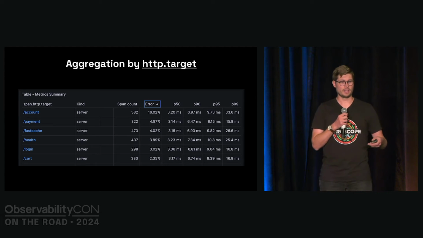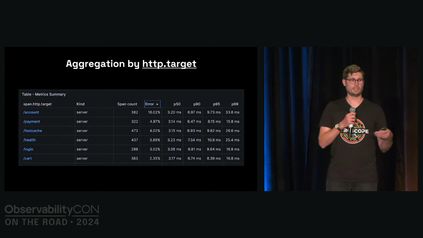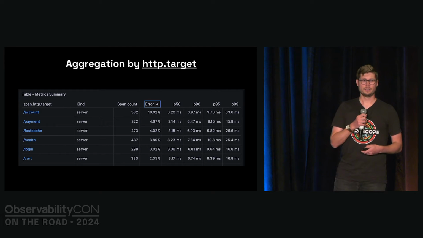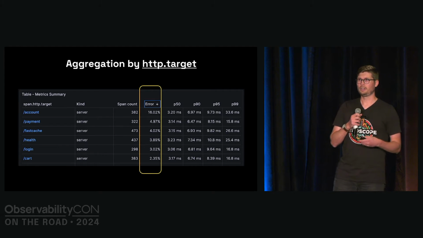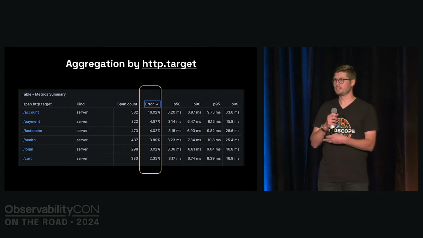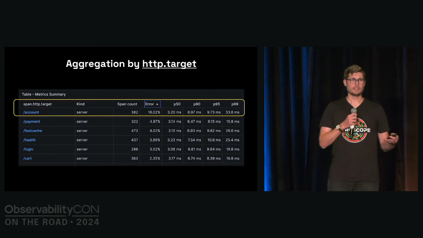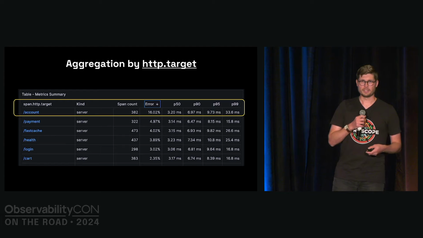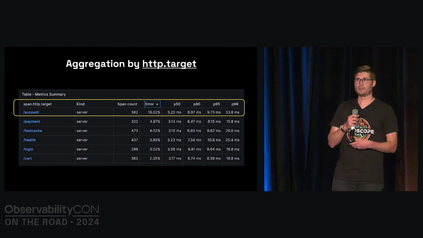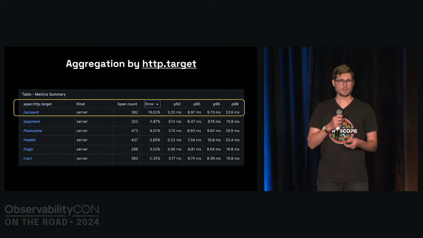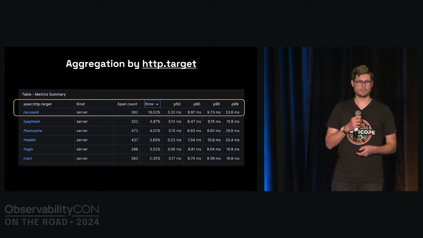I can see some metric information for each endpoint based off the tracing data. I can sort this error column, which tells me what percentage of these had an error reported. I can notice immediately that this account endpoint is suspect. It has a much higher error rate than the rest of these endpoints, so this might be worth continuing to investigate.